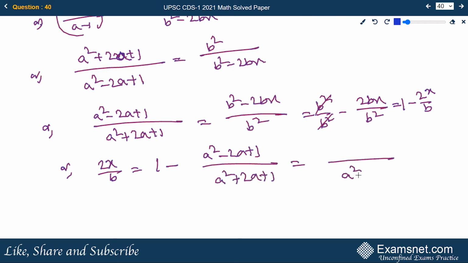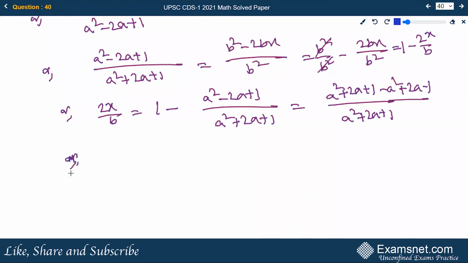So that is a square plus 2a plus 1 minus a square minus 2a minus 1. It will give us, both a square got cancelled, 1 got cancelled, that is 4a by a square plus 2a plus 1.